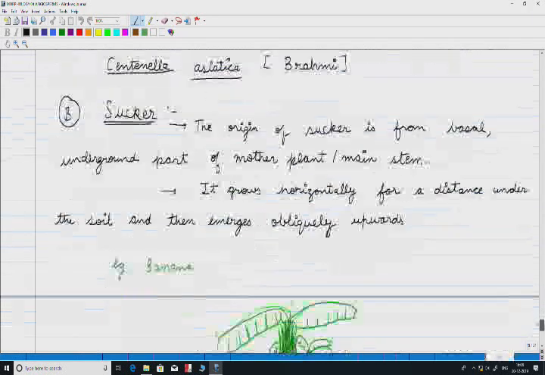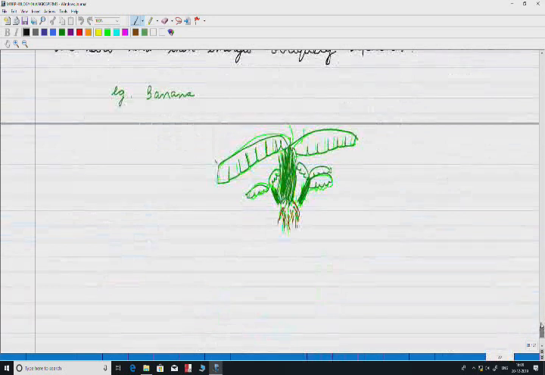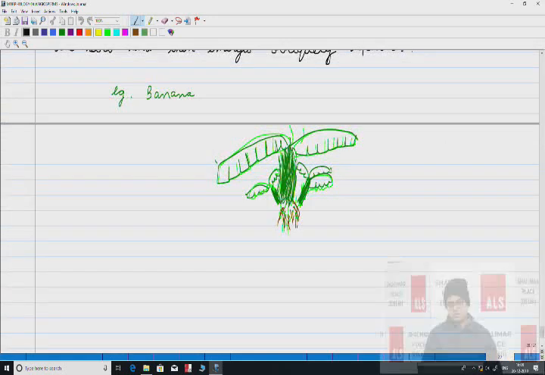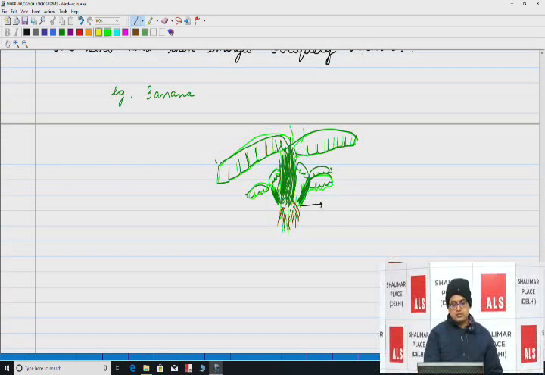Sucker is basically found in banana. So this is sucker.